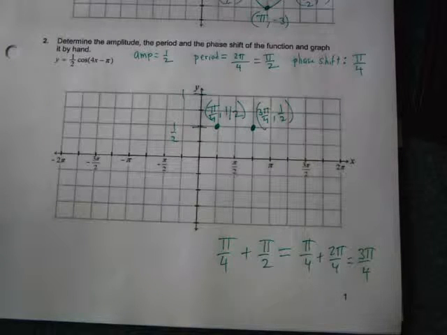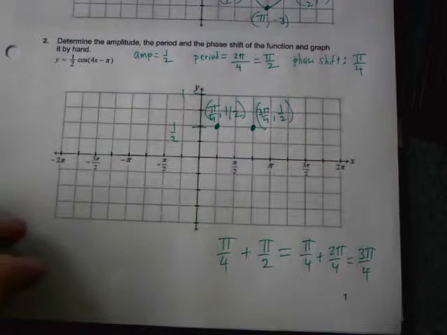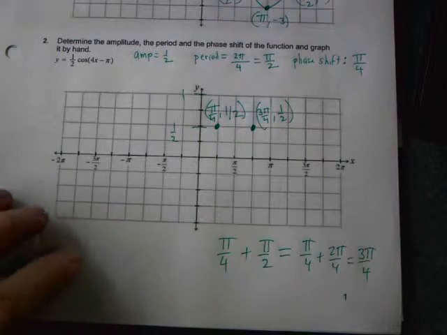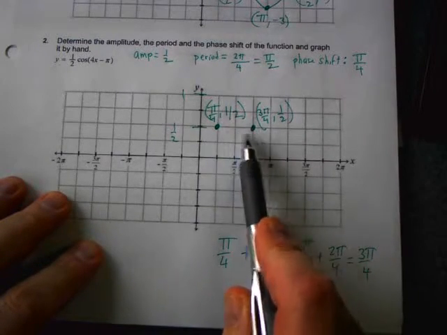All right, what has to happen in between? It's going to go down. How far down is it going to go? Down to a low value of y equals negative 1/2. And where is that going to happen? It happens halfway in between.